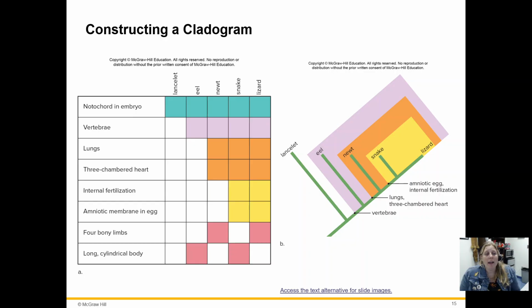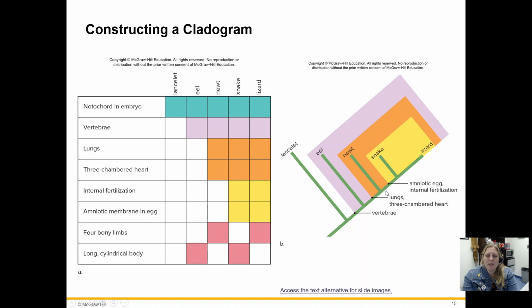So when I read this cladogram, okay, the first one out, my lancelet, is my oldest species. It is not going to have any of the other traits on this tree. It's only going to have the trait that we determined is ancestral, in this case, the notochord on the embryo. If I look at my snake and lizard, we have an amniotic egg and internal fertilization.